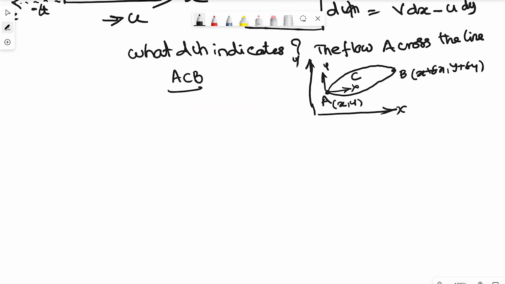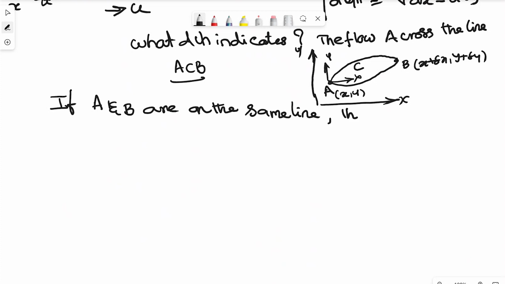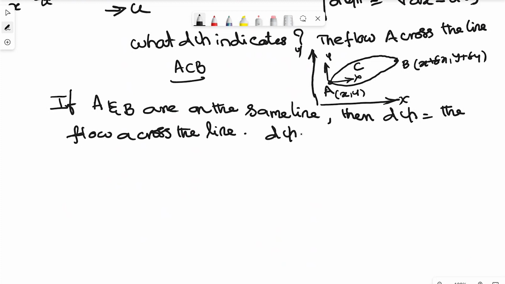Now, if A and B are on the same line, then d psi is equal to the flow across the line, or d psi is equal to psi 1 minus psi 2, where psi 1 and psi 2 are the values of the stream function at the two points.